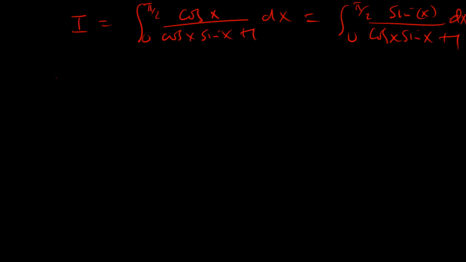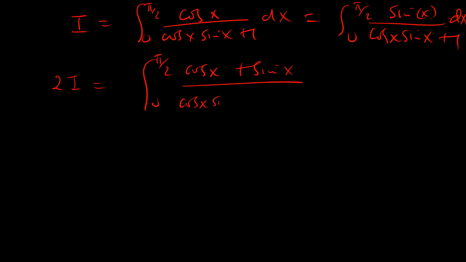So in other words, 2I is equal to the same integral from x equals 0 to x equals pi over 2 of cosine x plus sine x over cosine x sine x plus 1.